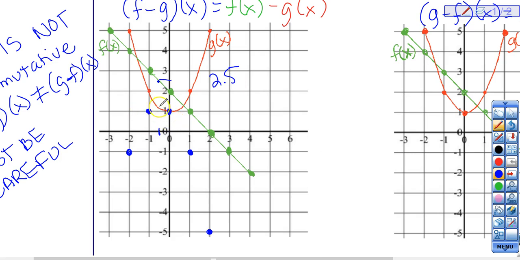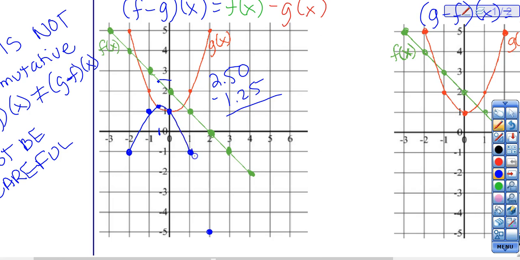All right. Where am I on my red? Approximate. 1.25? Okay, so let's do 2.5 minus 1.25. 1.25. All right, so let's graph.